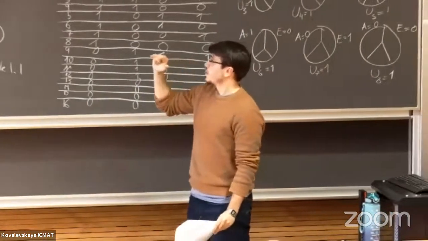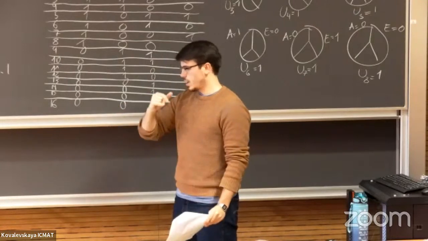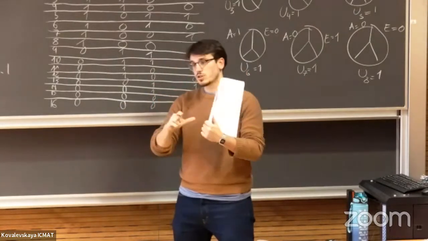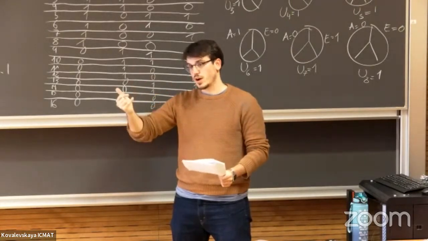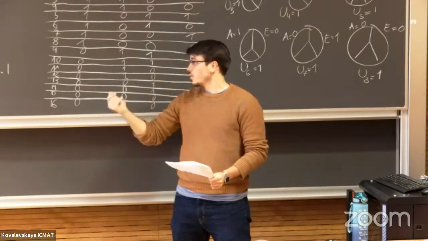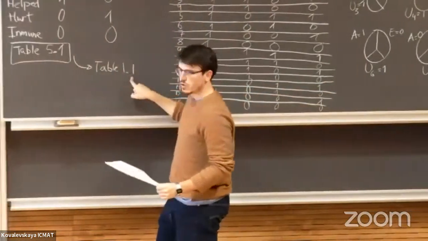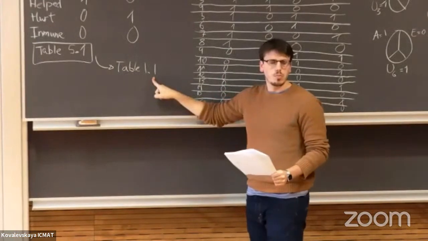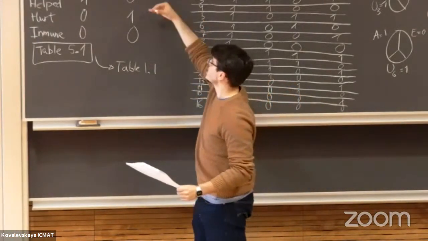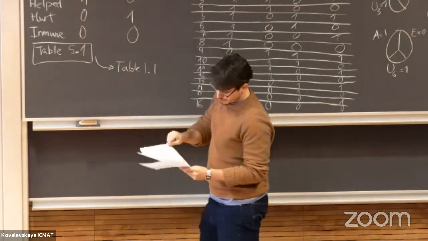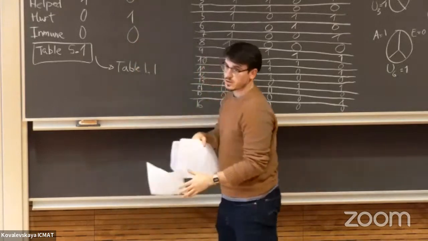So once we have all the outcomes of the individuals, what we can do is classify these individuals depending on the response of their counterfactual outcomes. In fact, if we consider table 1.1 or table 4.1, all the individuals can be classified in one of these classes.